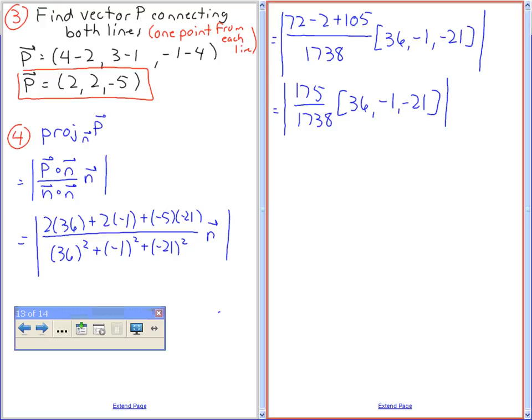Time to keep going here. The question on your test will be significantly smaller than this. 1735 times 36, I can't do this. 6300.